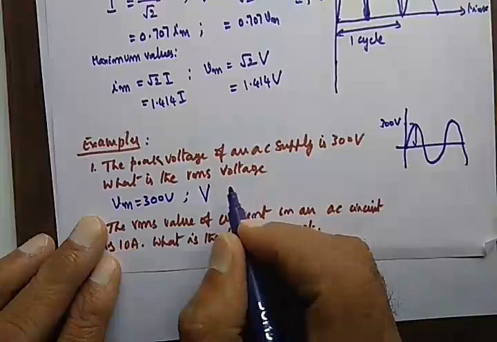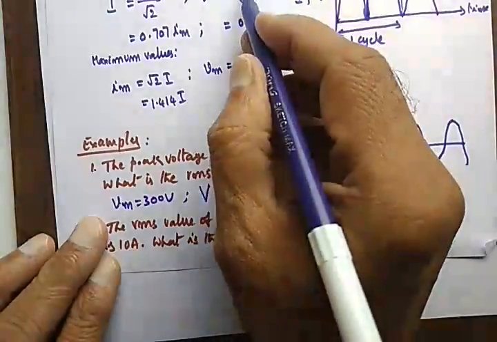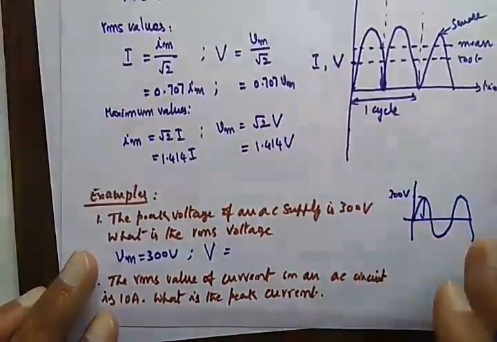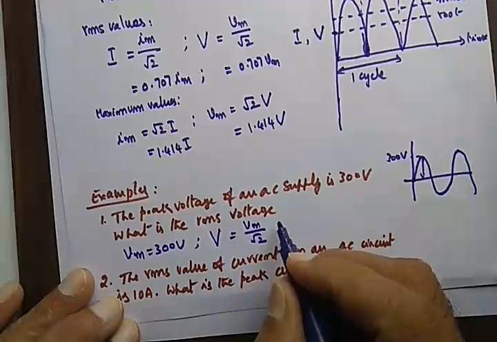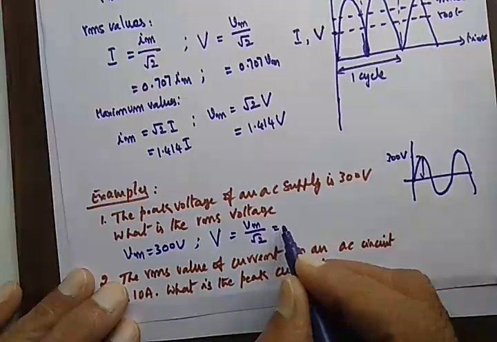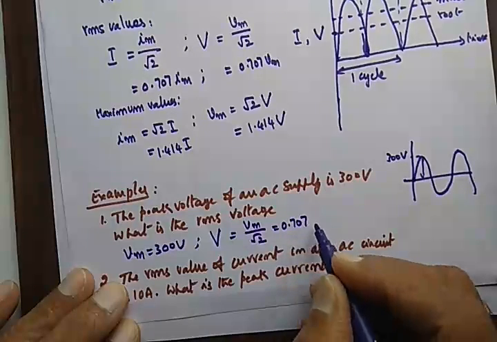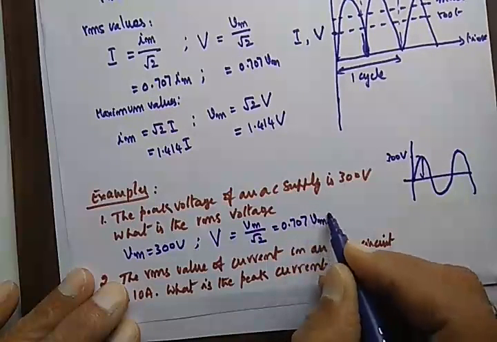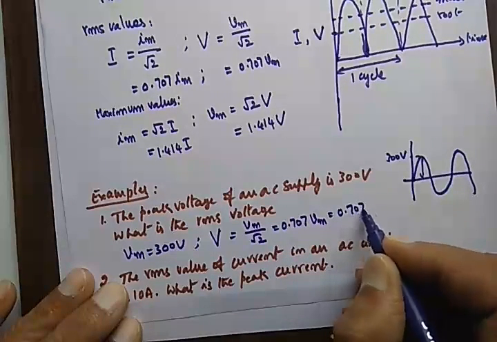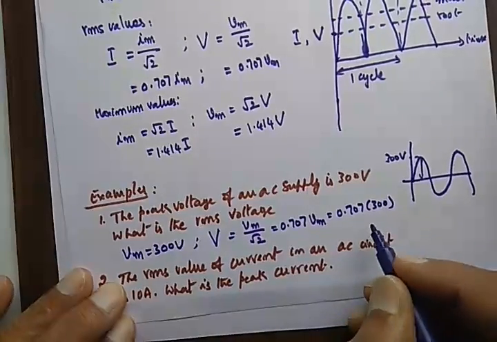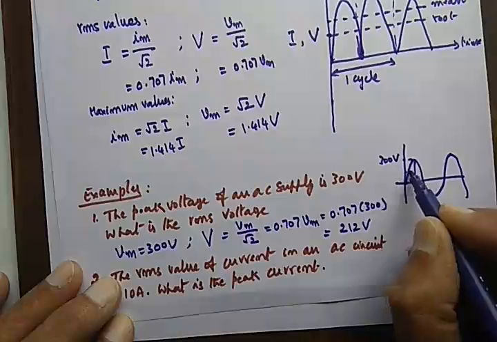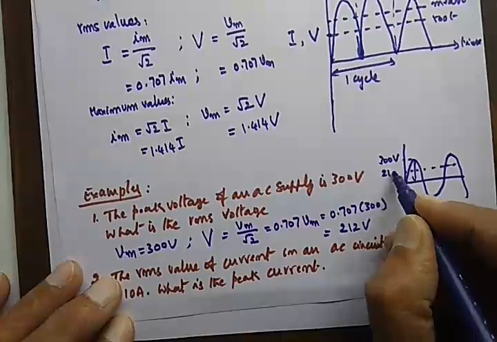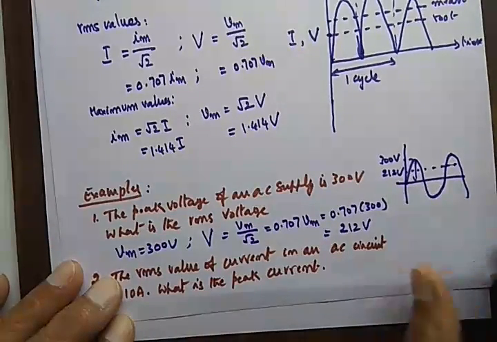The RMS value V, just capital V, is VM by square root 2, which is nothing but 0.707 into VM. 0.707 into 300 is 212 volts. So the RMS is 212 volts.